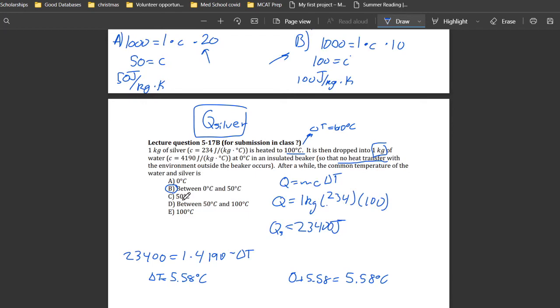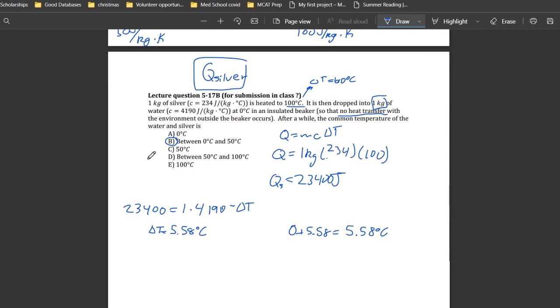Now, we could have approached this also a different way. We could have seen that the relationship between specific heat and temperature change will be proportional. So we could say that the specific heat times the delta T of the silver is equal to the specific heat of water times the delta T of water.